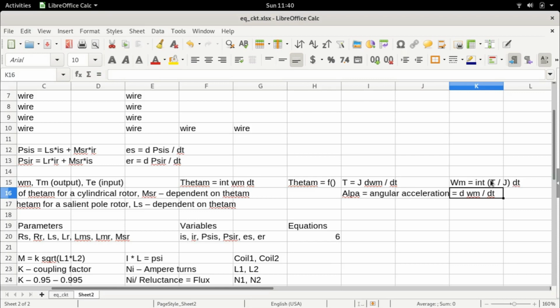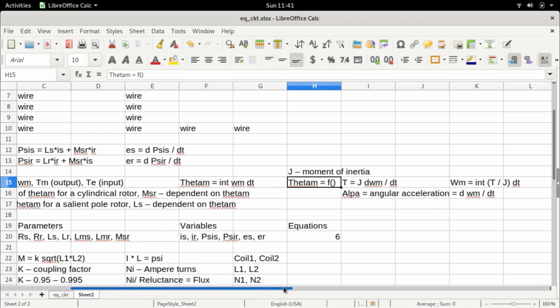So this torque divided by the moment of inertia, J is the moment of inertia, then omega m is the integral of the torque divided by the moment of inertia with respect to time. And once we know the speed, we know the rotor position angle, which is the integral of the speed itself. So you see, now all these equations are coming together.